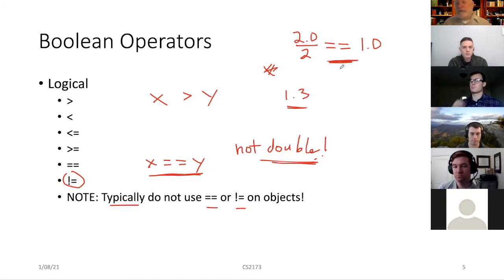What that involves is taking the absolute value of the difference and seeing whether or not it's less than or equal to this precision. That's the way you need to be made ironclad against that.